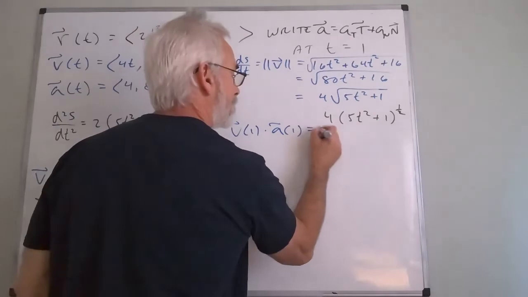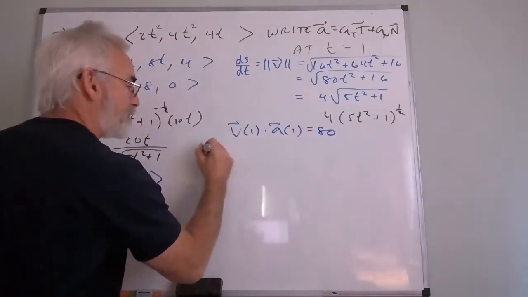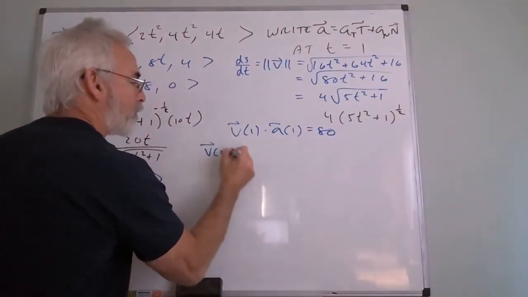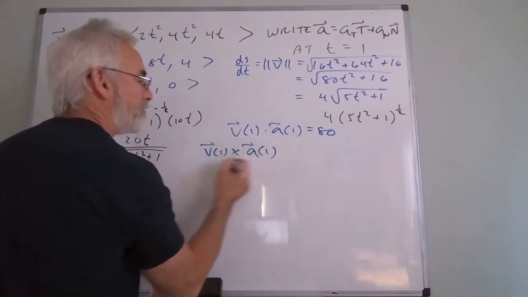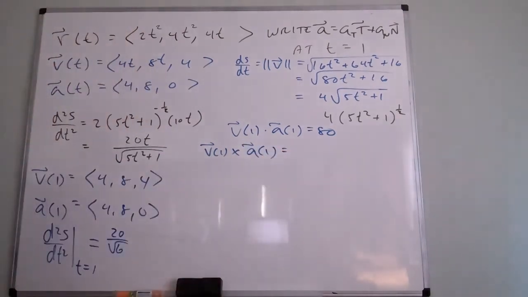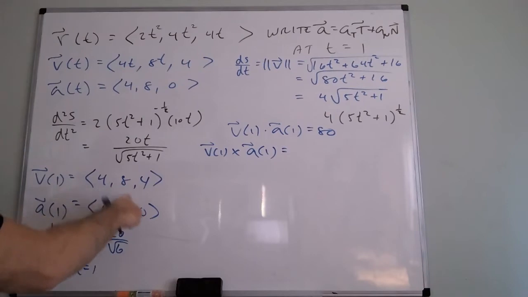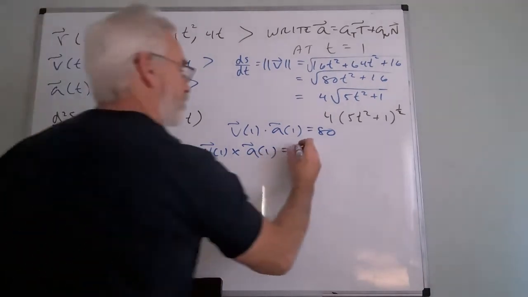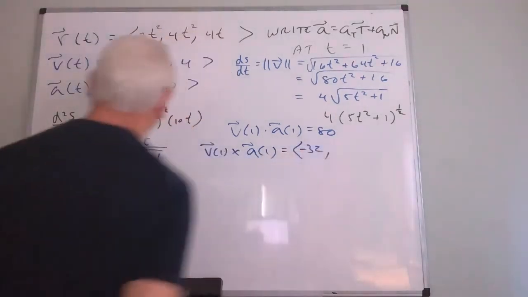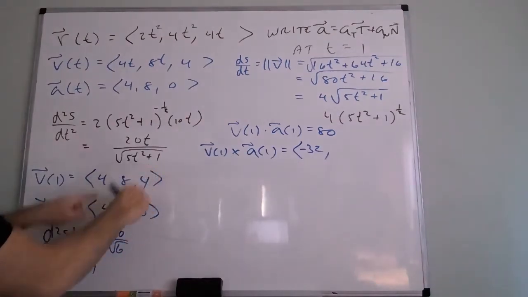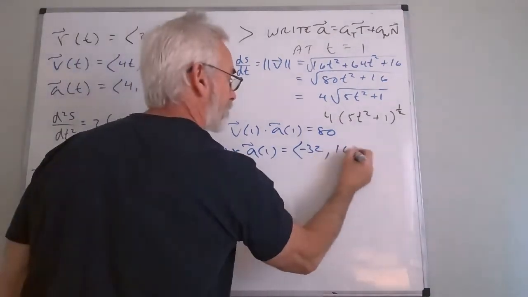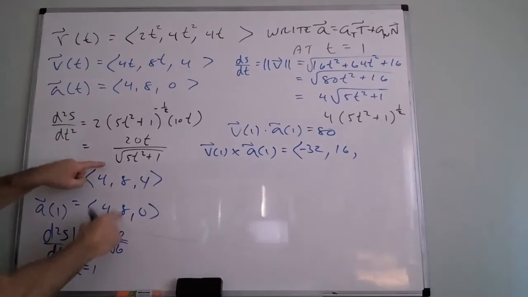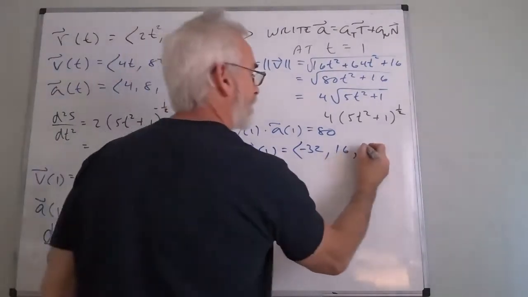So that's 80. Let's do v of 1 cross a of 1. Okay. Negative 32. 16 minus 0. 32 minus 32. That's convenient.